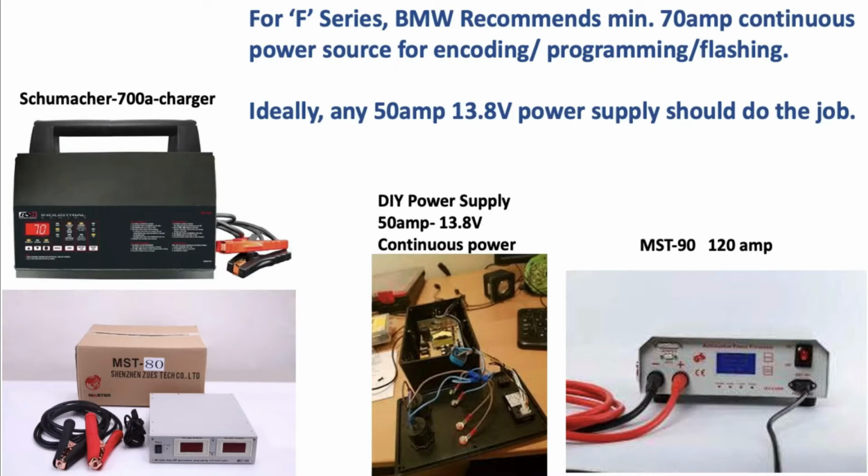These are some of the brands, and again, I'm not promoting any of these. These are the most common ones I came across on the internet. But ideally, any 50 amp power supply should handle lengthy programming sessions with success.